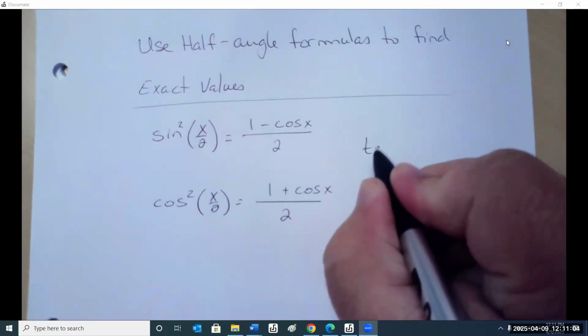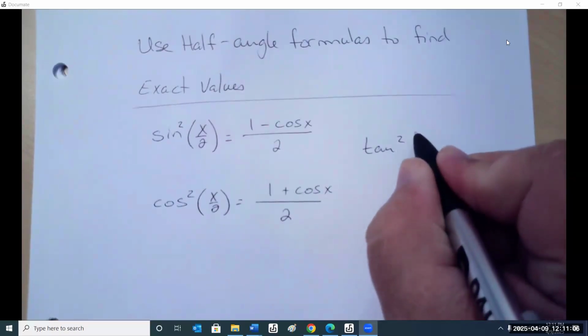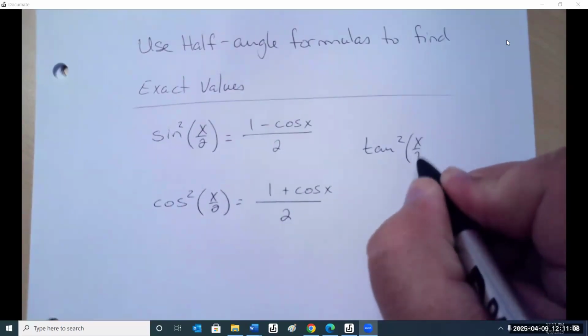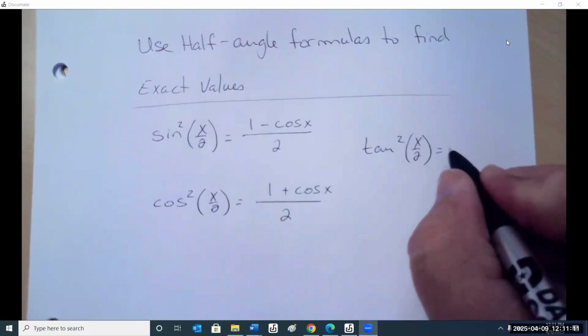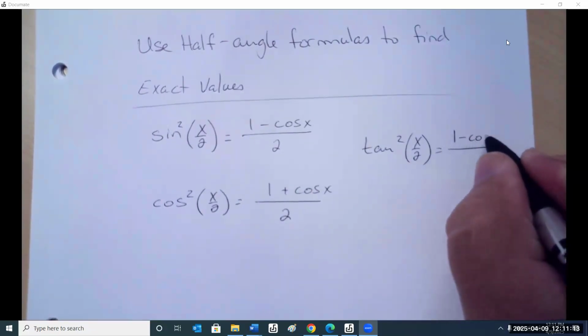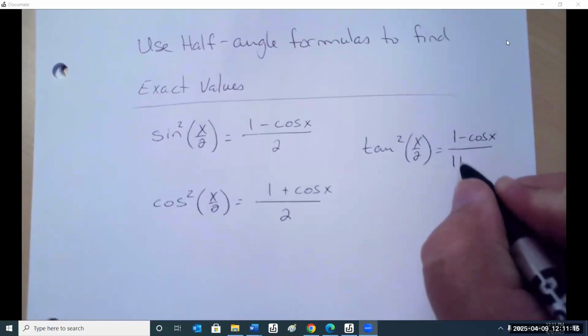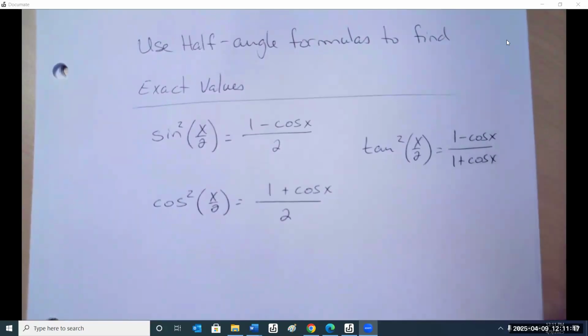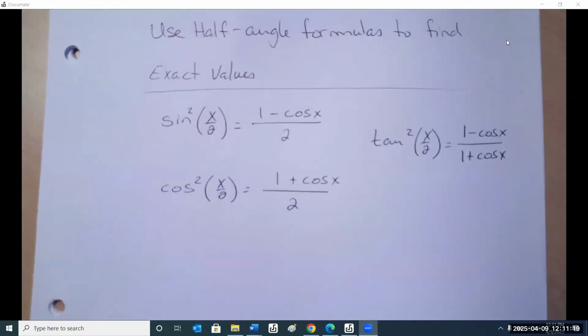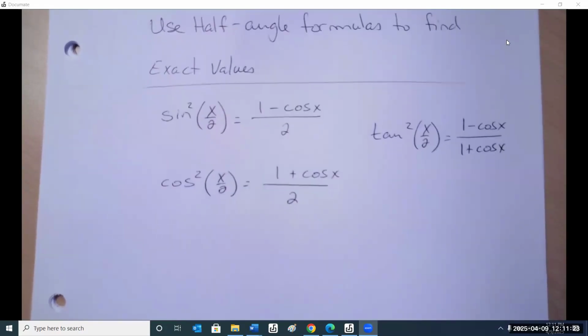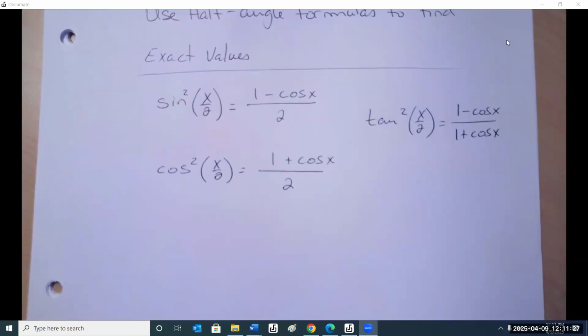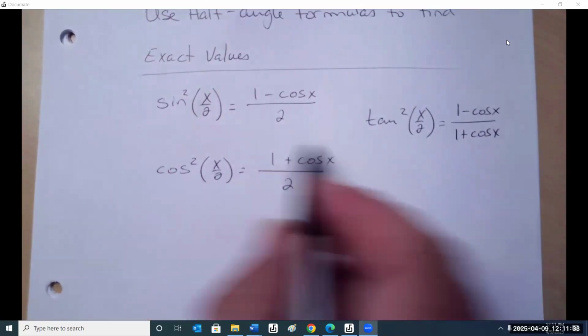Tangent. So these are the formulas we have for our half angles. So we go from there.